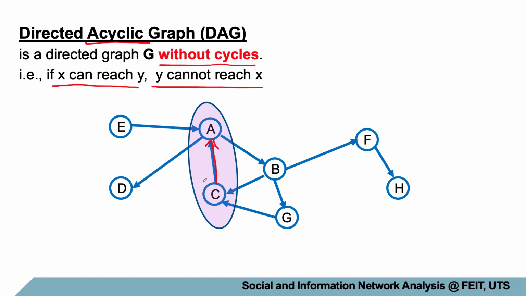Remember, a cycle is a path with at least three edges, and also the first and the last vertex are the same. But for this specific subgraph, you cannot find any cycle in it, right? That's why we call it a DAG.